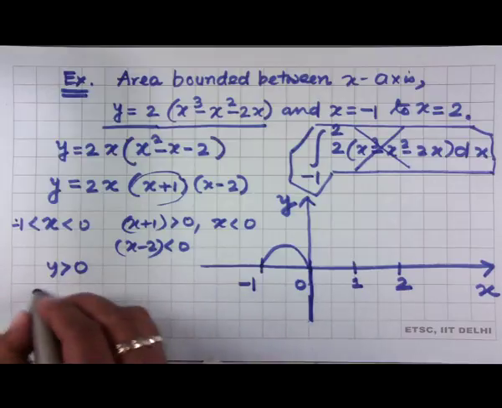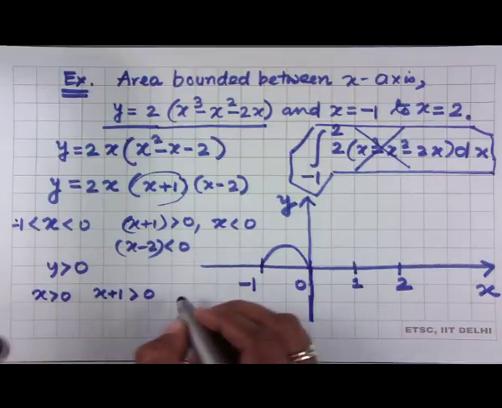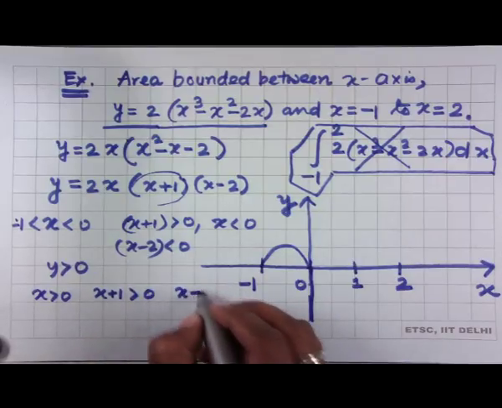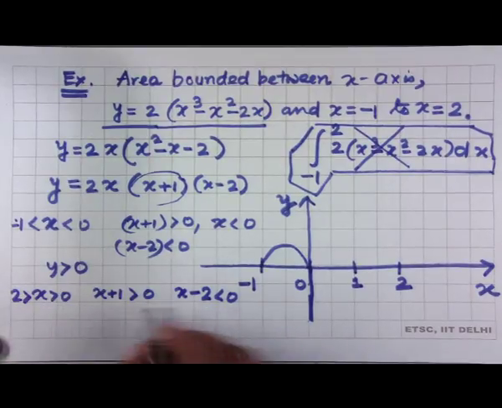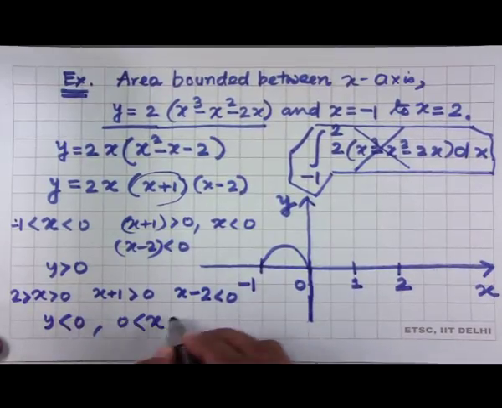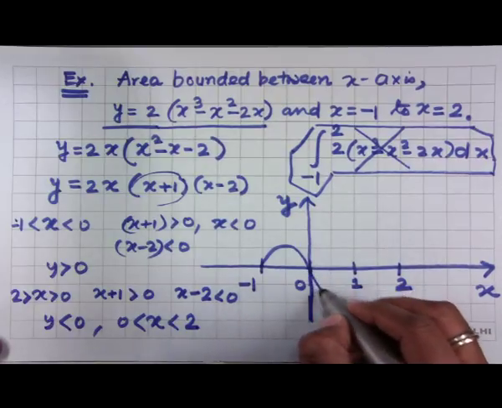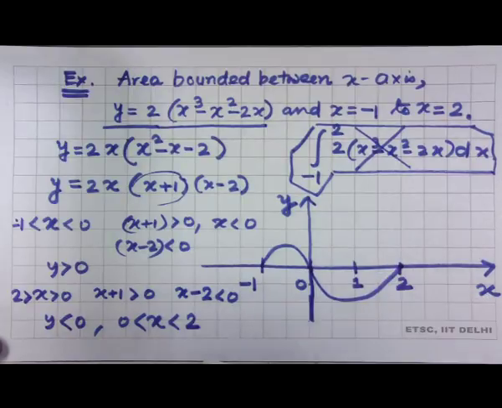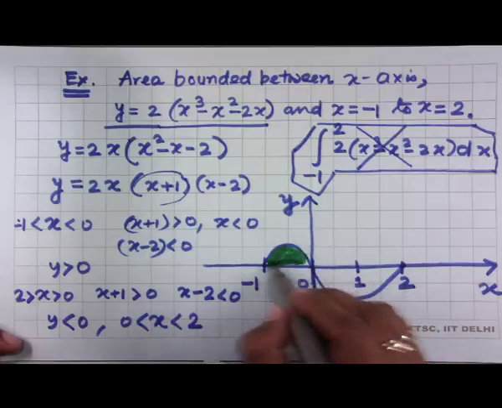Similarly, if x is positive, x plus 1 is positive, but x minus 2 will be negative when x is less than 2. So, y is negative when x is between 0 and 2. So, the curve will be something like this roughly. So, the total area required is now shaded by green color, you can see.